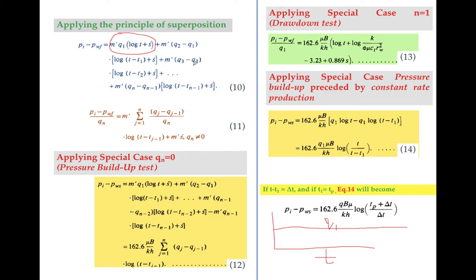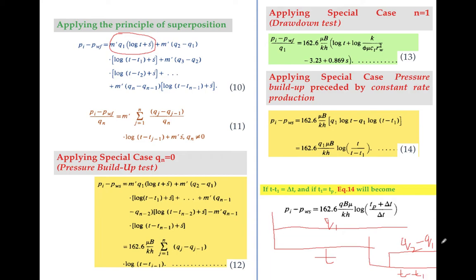Now in the second case, we consider that the well is producing at a different rate, q2 minus q1. The elapsed time would now be t minus t1.